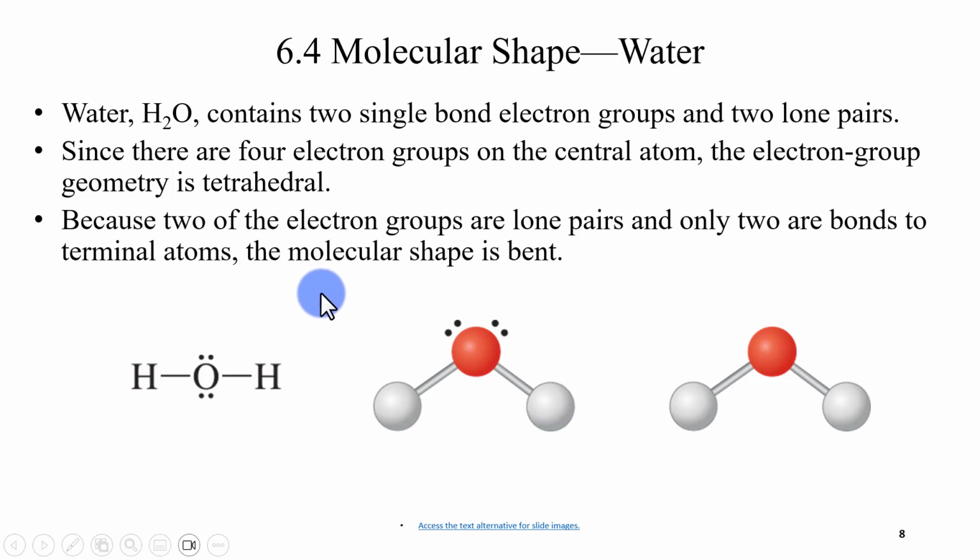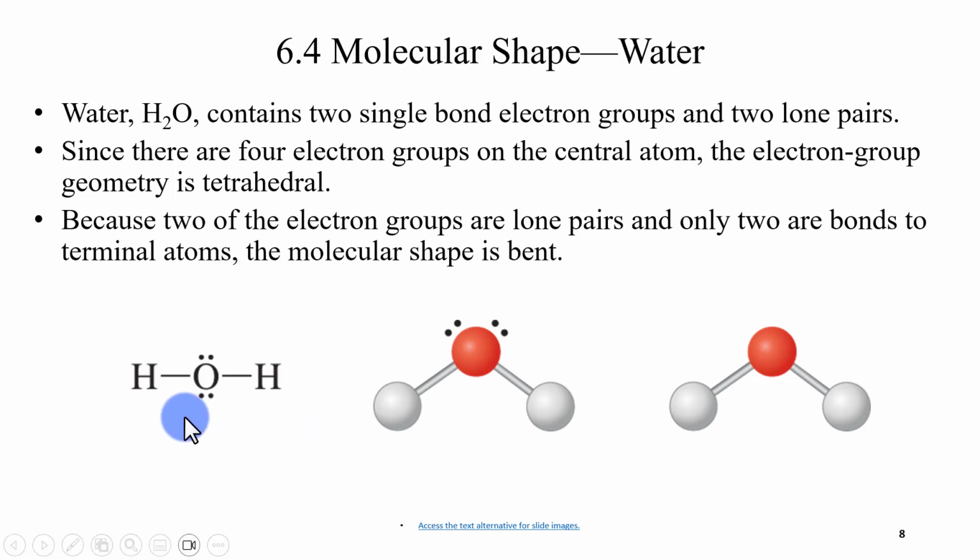So here's the progression. When I have 4 electron groups and 4 atoms bonded to the central atom, I have tetrahedral geometry for both. If I have 4 electron groups and 3 atoms bonded to the central atom, I have tetrahedral geometry for electron groups, but I only have trigonal pyramidal geometry for the molecule.